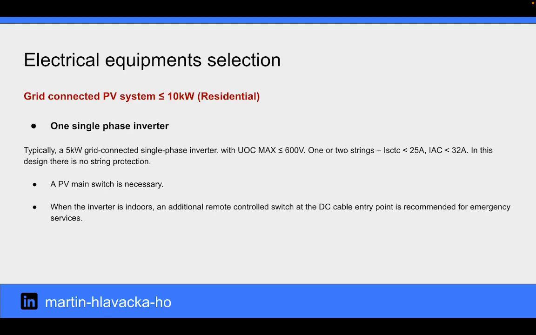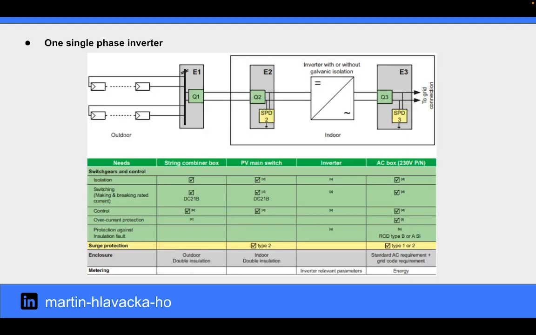Let's have a look at the electrical equipment selection for grid-connected PV systems less than or equal to 10 kW. Where a 5 kW grid-connected single-phase inverter is installed with the maximum open circuit voltage less than or equal to 600 volts, in this design with one or two strings, no string protection is required.